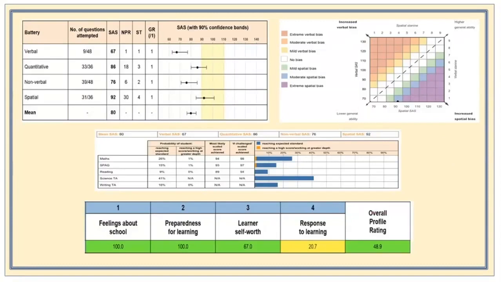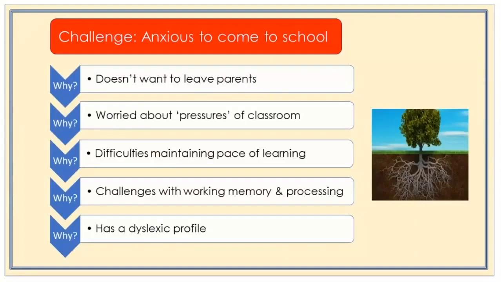So one of the things I wanted to just make mention of is the importance of where we started. I've put that image there of the tree and thinking about what's going on below the surface. And this is just one of the examples of where we might see what manifests above the surface as an anxiety or an anxiousness for coming into school. Why? Because the child doesn't want to leave their parents. Why? Because they're worried about the pressures of the classroom, for example.